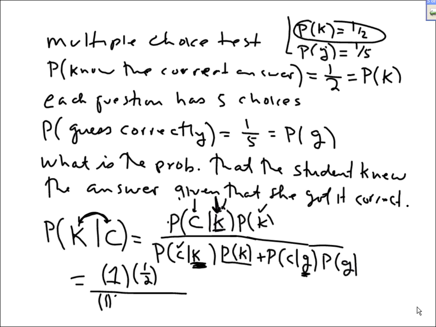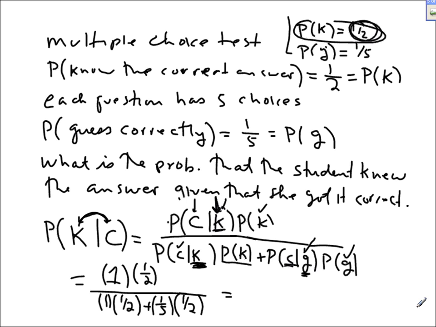Probability that you know it is still 1/2. Plus, given that you guess it, what's the probability that you get it right? 1 out of 5. What's the probability that you guess? Well, if you know half of them, I take it you're going to guess on half. The probability that you guess has to be half.